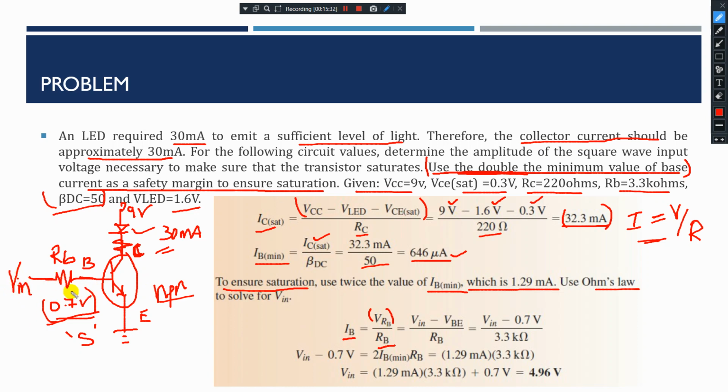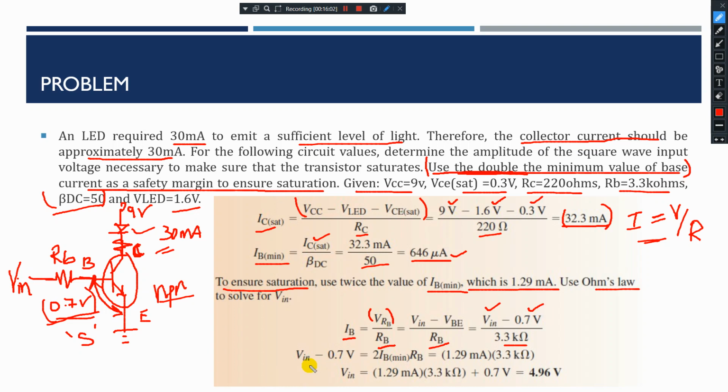So VRB is equal to Vin minus the base to emitter voltage VBE. Base to emitter voltage is nothing but 0.7. Vin is what we are going to find out, but we know RB is 3.3 kilo ohm.